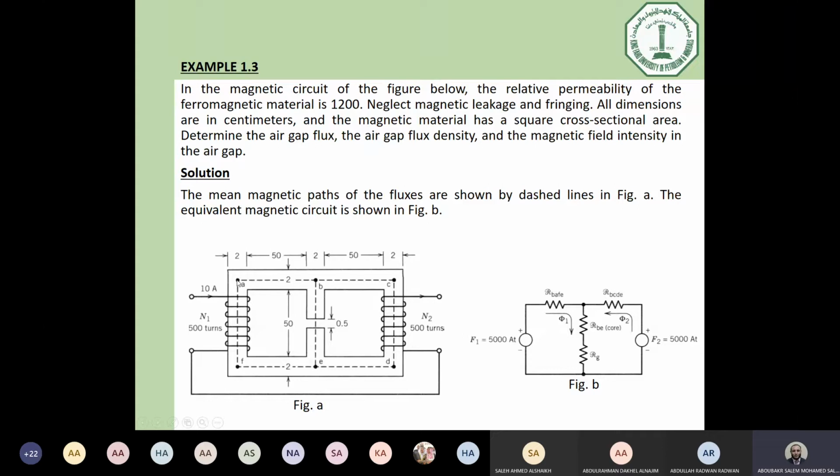From B to A, what is the length? 50? 50 or 52? 52, right? Because here we have 2 centimeters, and here another 2 centimeters, and we calculate the average length. So from the center of this limb to the center of this limb. So the length AB now is 52. Right. Also AF. What is the length of AF?